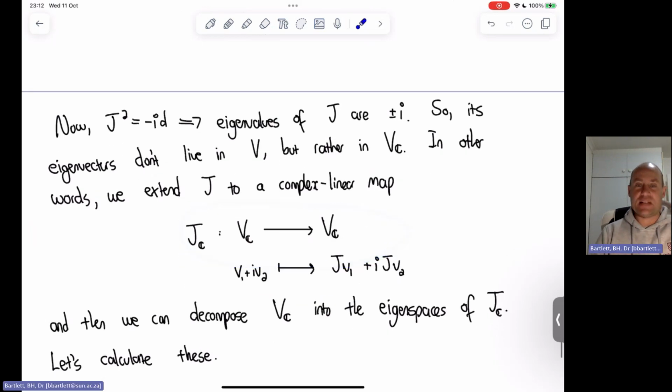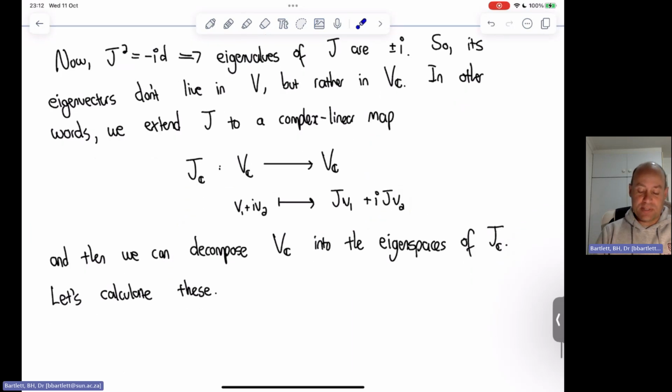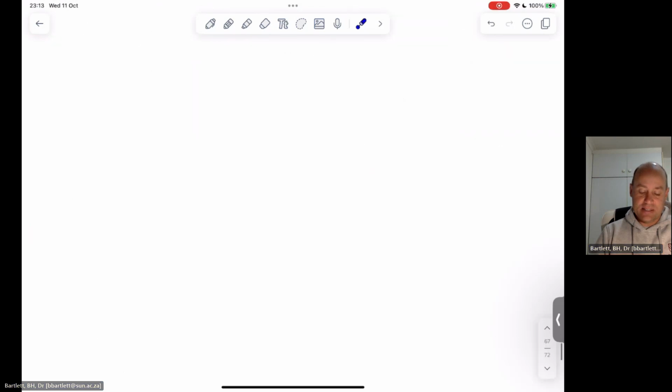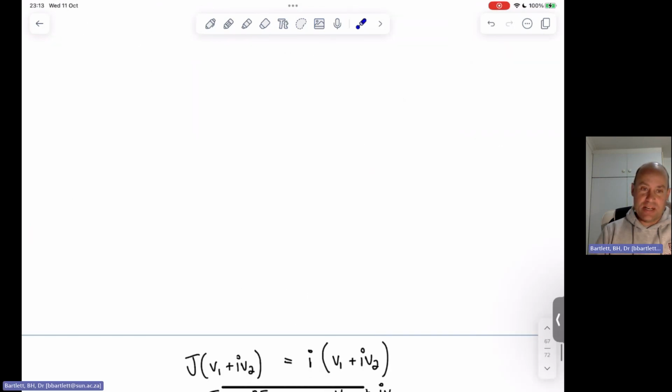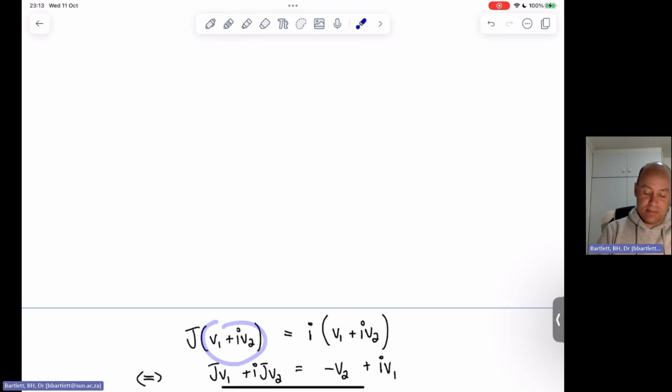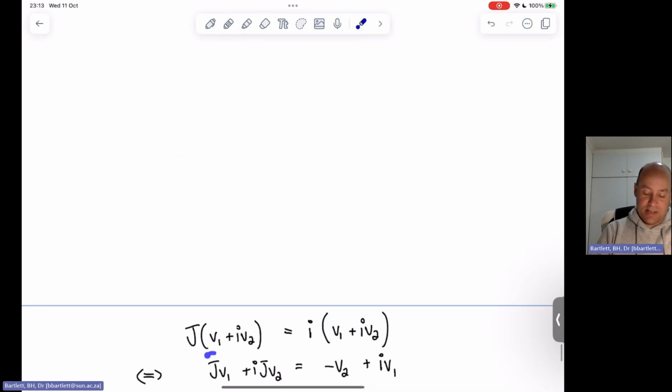So let's calculate these eigenspaces. What, for example, are the eigenvectors with eigenvalue plus i? If I want J to act on a vector in the complexification and return i times that vector, what do I need? Well, J acts on this vector in this way, by definition, and i times this vector is this, by definition. So I'm going to need that this is going to have to equal this.